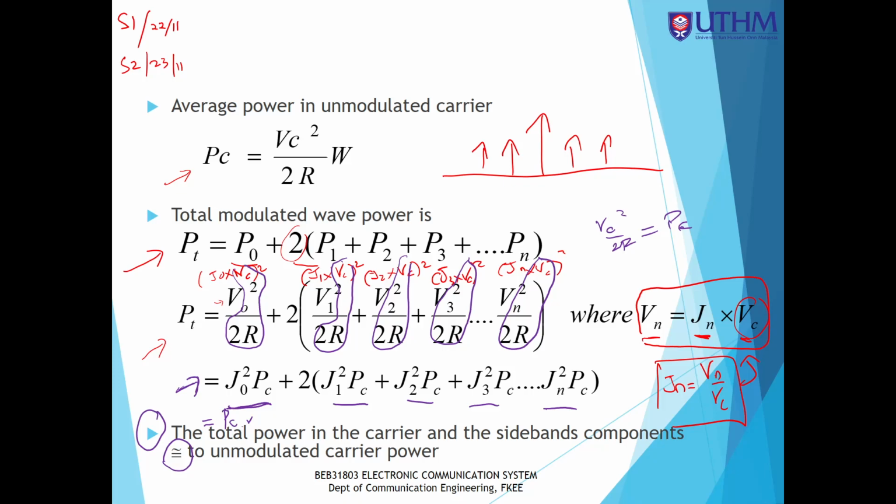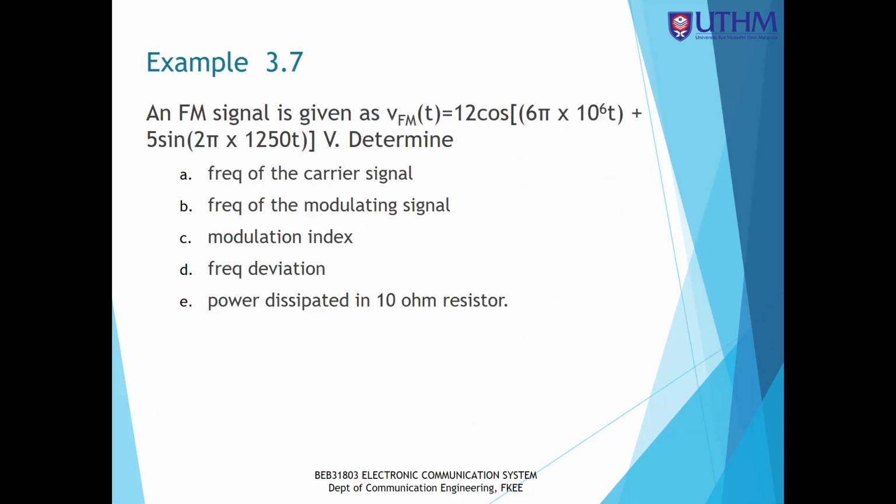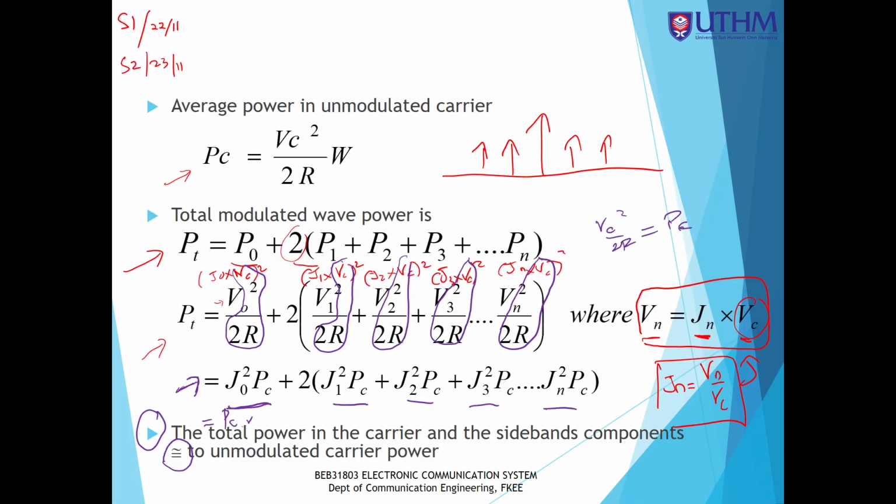There's going to be an example about this. You see the statement below here: the total power in the carrier and the sideband components is approximately equal to the unmodulated carrier power. But theoretically it is equal.